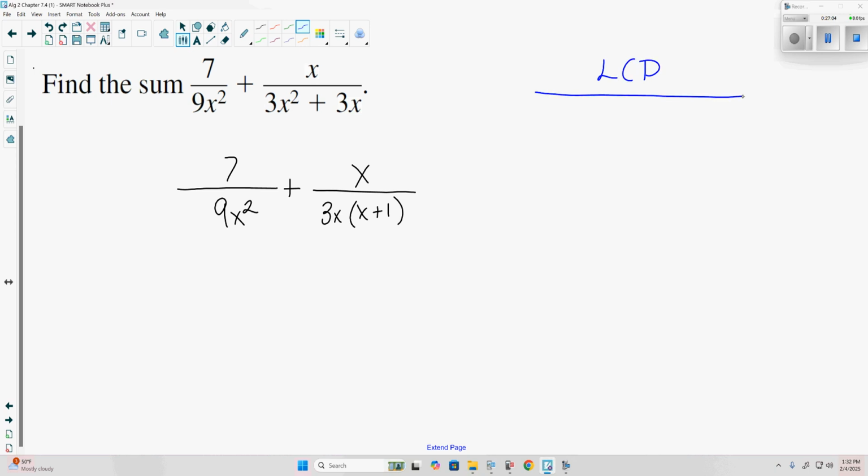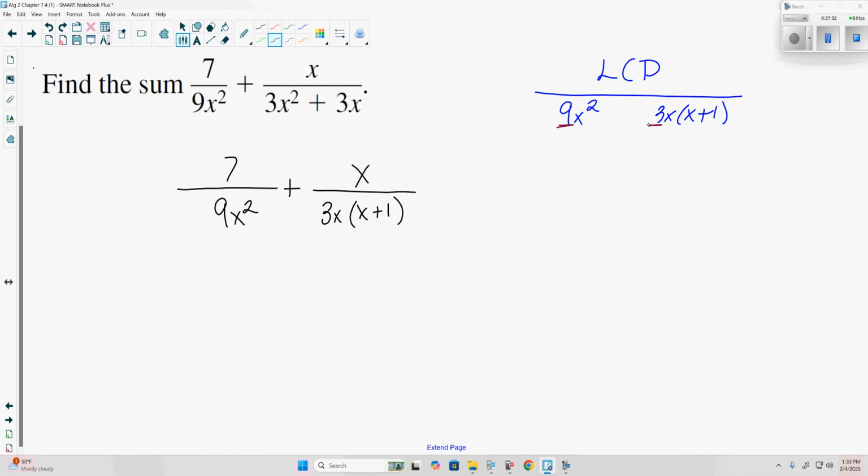Now, our least common denominator, because again, we're trying to get these to be the same, is what we're trying to make. Let's find out what's going to make 9x squared and 3x times x plus 1 be the same. We want the first expression that's going to make these two be the same. Now, just like what we've been doing, we can start off with our 9 and 3.